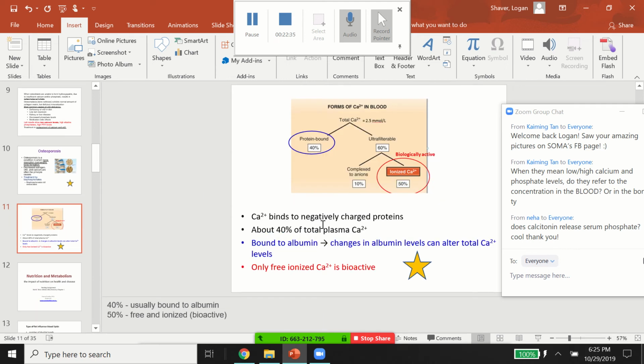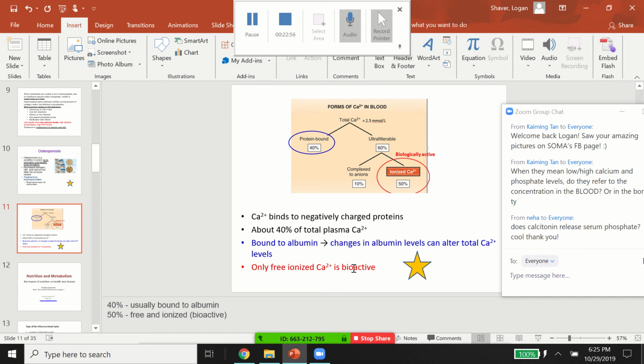All right, so then on to the very last slide. The reason I have this here is just to remind you that only free ionized calcium is considered bioactive. I think it may have been a first order type question on ours. It may have used some weird lab work to ask what percentage is actually active.